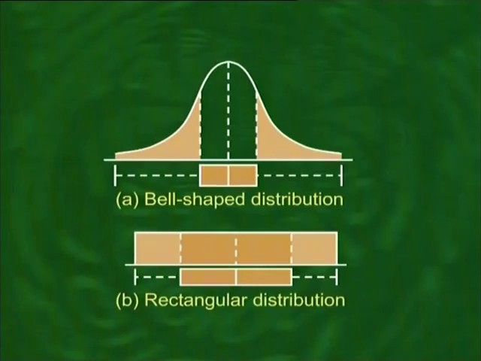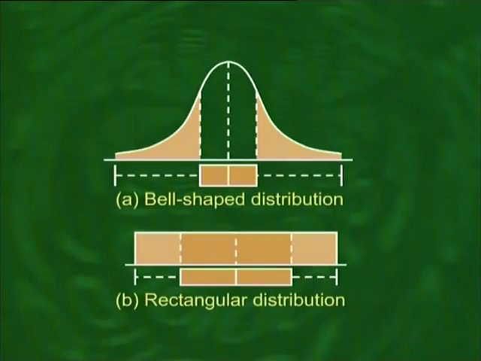When I say symmetric, I mean that if you place a mirror vertically in the center of the box and whisker plot, you find that the left side of the plot is the mirror image of the right side. The lower diagram on the screen shows the situation of the rectangular distribution, which is the one, again, in which the left side is the mirror image of the right side.